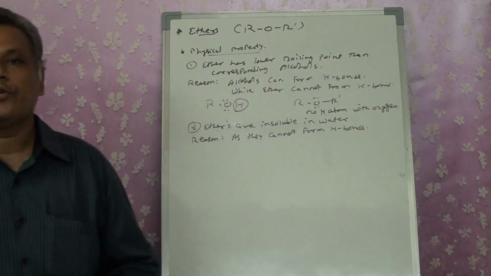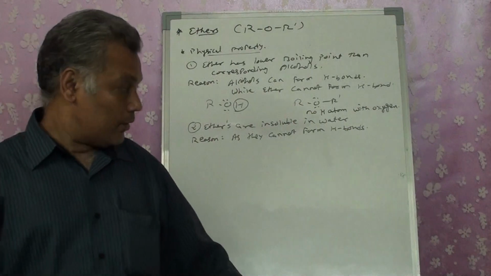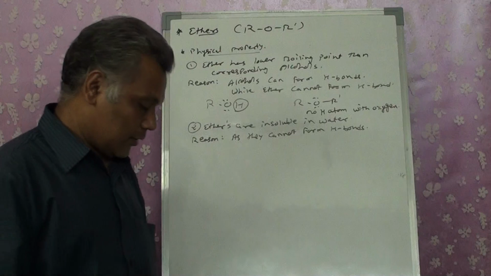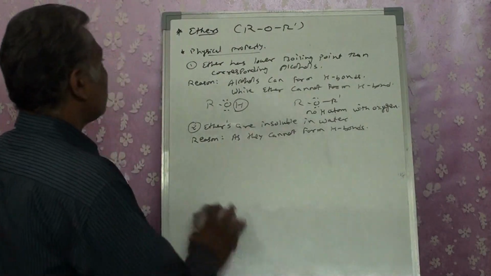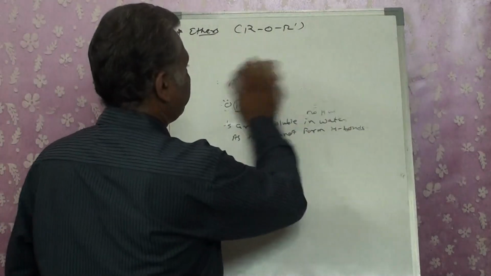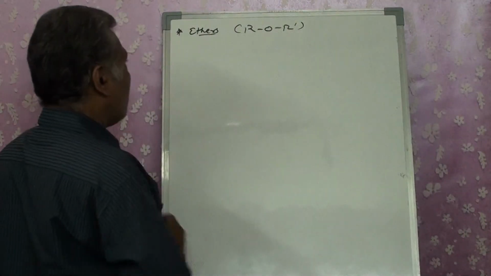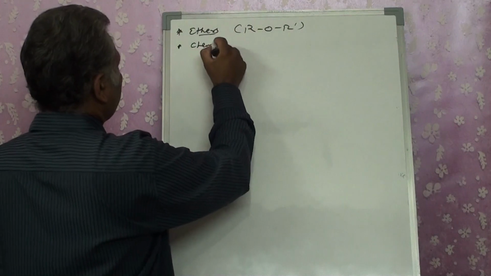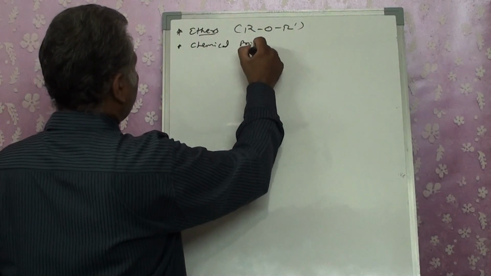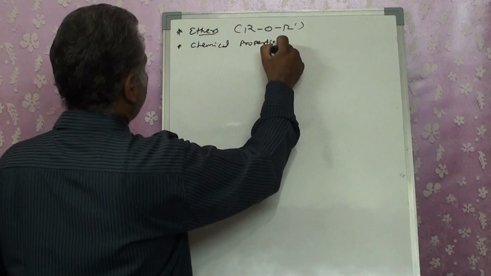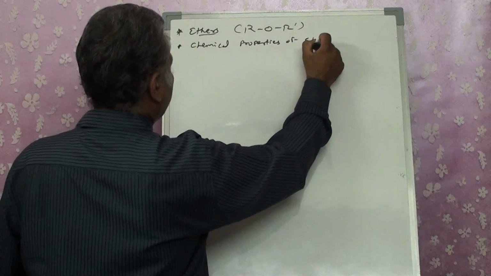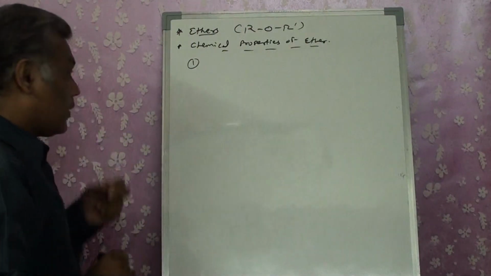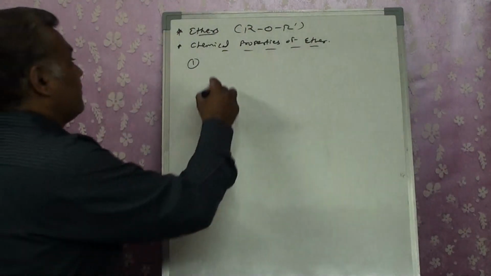Ethers are insoluble in water, right? So those are the physical properties of ether. The next one is the chemical properties of ether. When we talk about the chemical properties of ether, the first one is the reaction with HI.